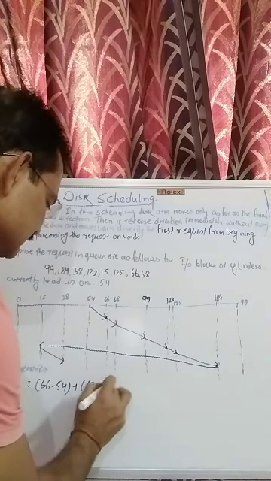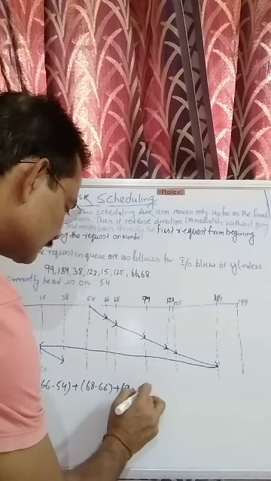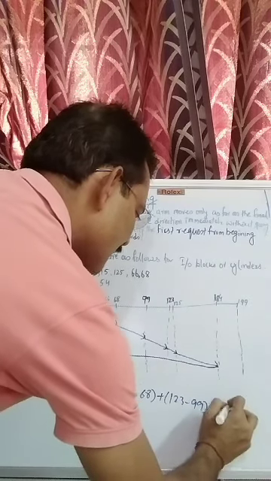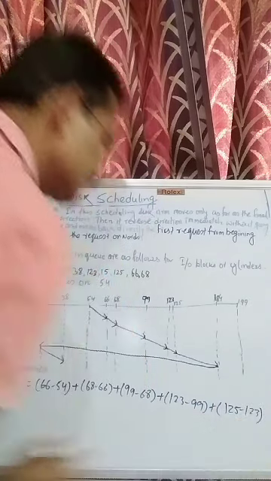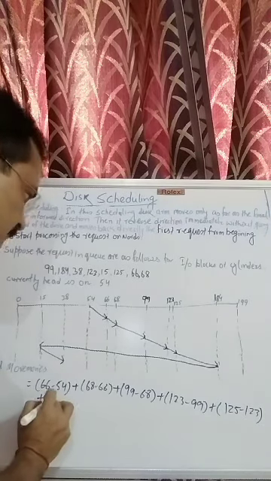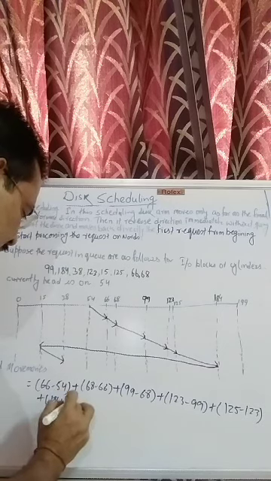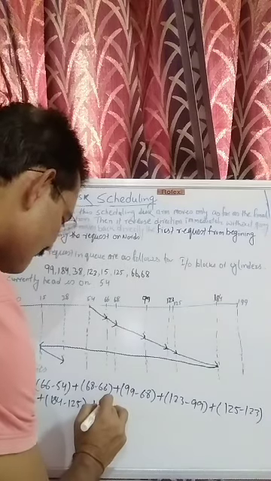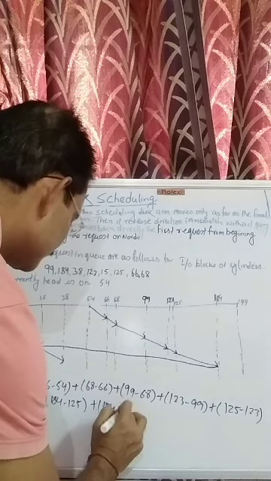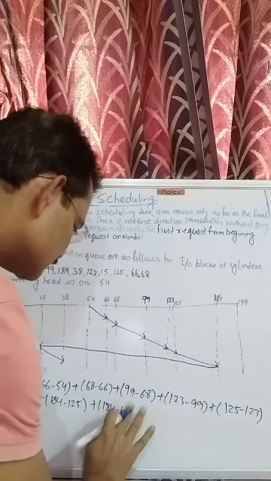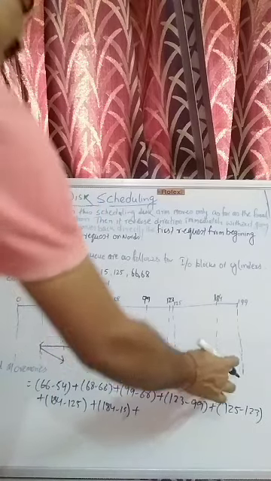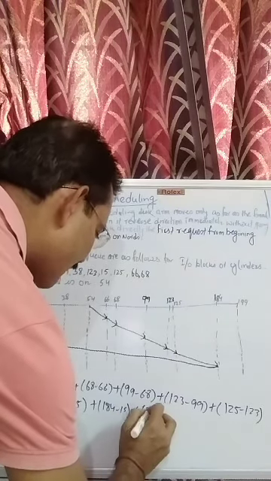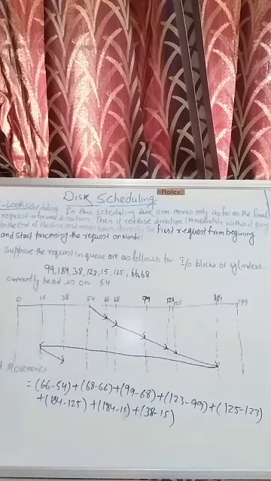Then 68 minus 66, plus 99 minus 68, plus 123 minus 99, plus 125 minus 123, plus 184 minus 125, plus 184 minus 15, because it just immediately moves from 184 to 15, and finally 38 minus 15.